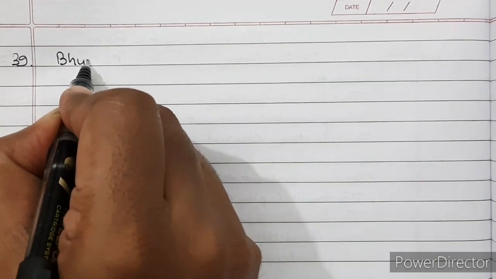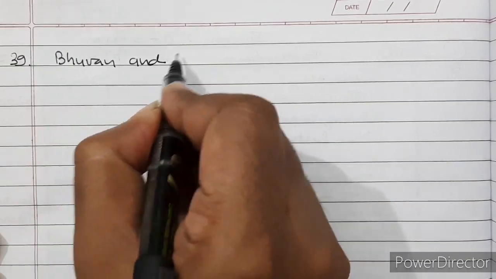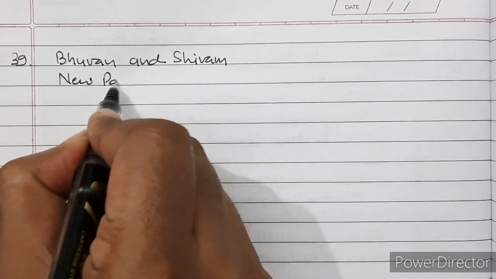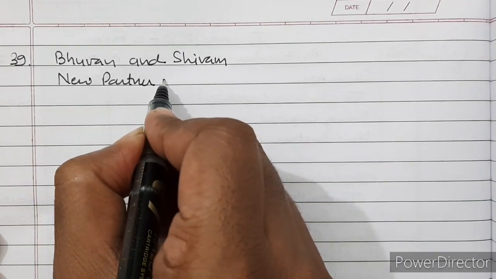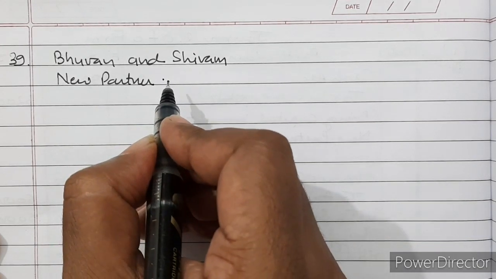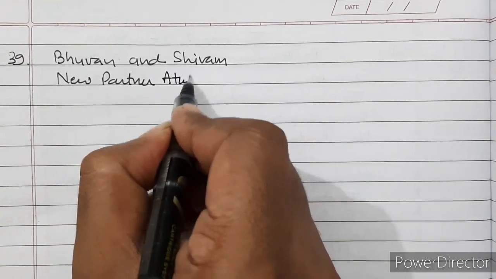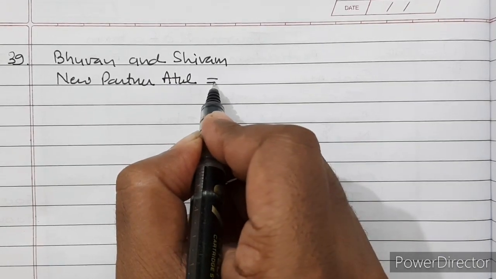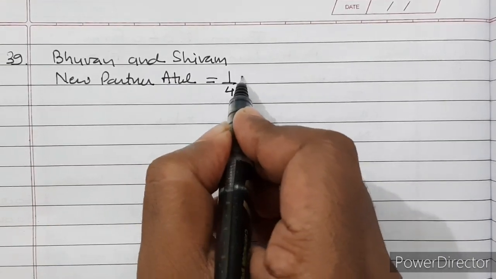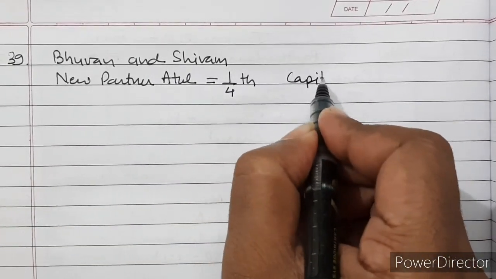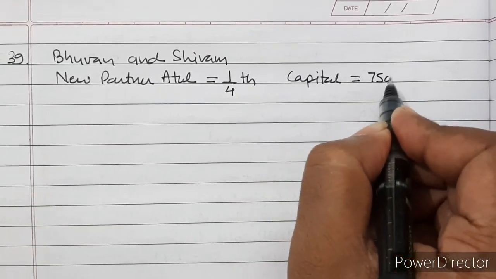Question number 39. Bhuvan and Shivam are partners, and new partner is Atul. Atul's portion in the profit is 1/4 and his capital is 75,000.